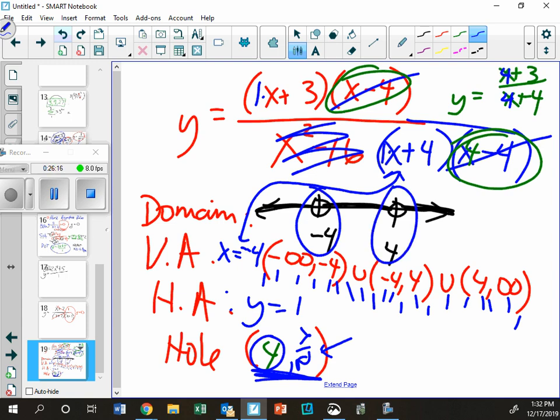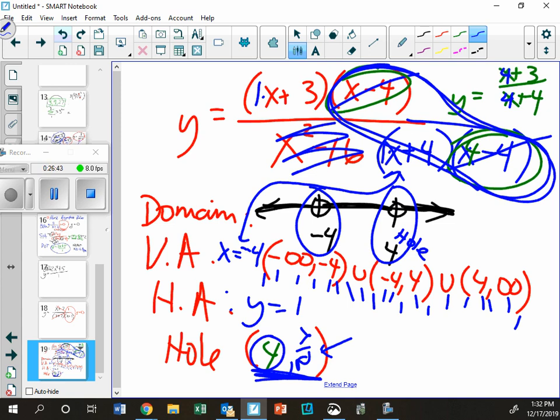That's why we can't put them in our domain. Those are either asymptotes or holes. And then how do you tell which one's a hole? Because if it's not a hole, it'll be an asymptote. Okay, so which one's a hole? Oh, okay. So this one was a hole, right? Remember this one, the one that canceled? And it was x minus 4s. Those are this one. This one's the hole. That means the other one must be an asymptote.